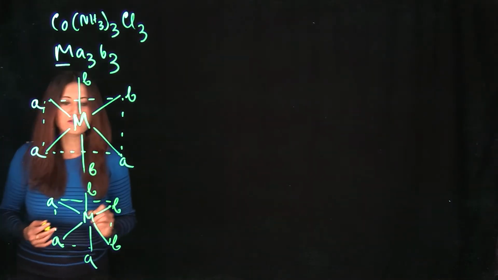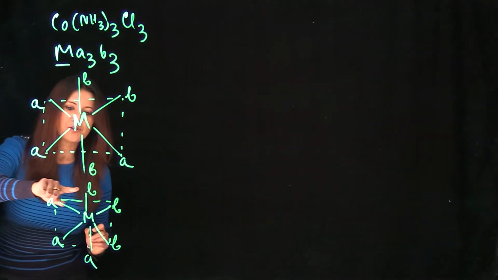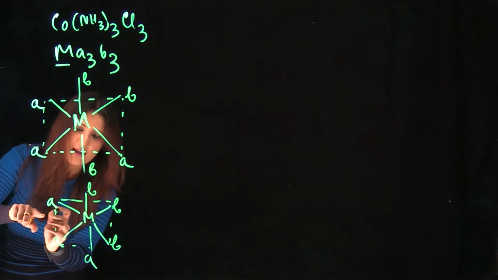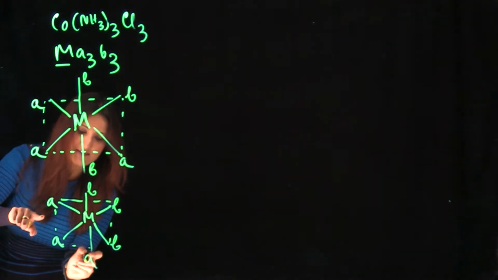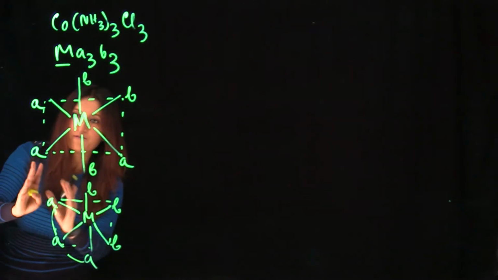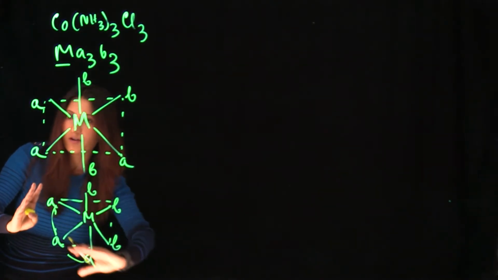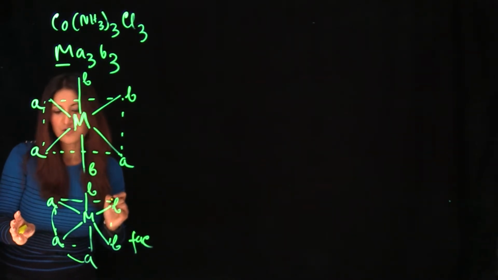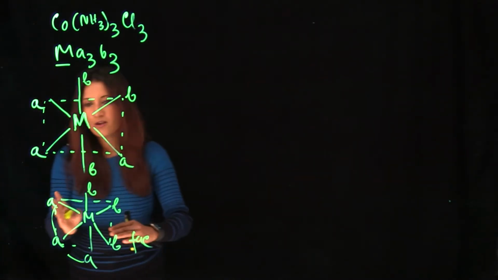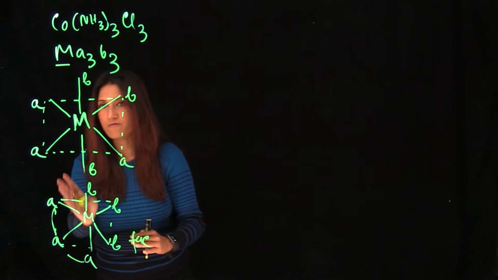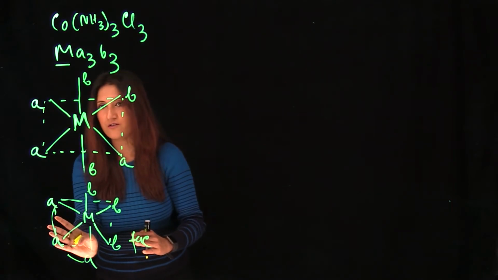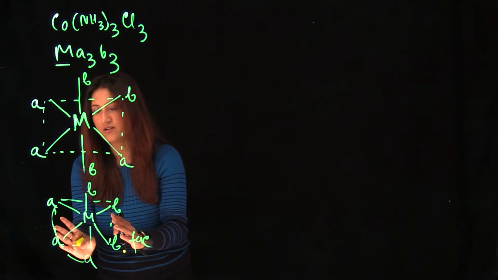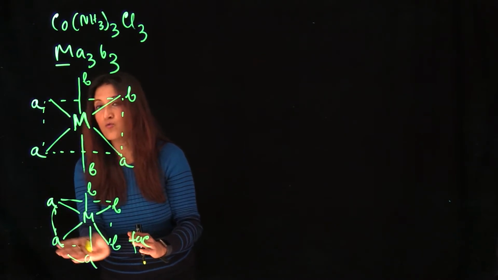You may be wondering what the difference is. If you pay attention, you will see that in this structure, the A's are essentially on one part of a face, so we call it the FAC isomer, the facial isomer. It's holding one side, on the face of the octahedron.